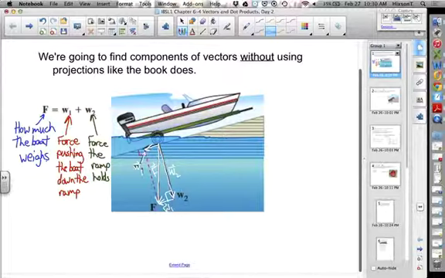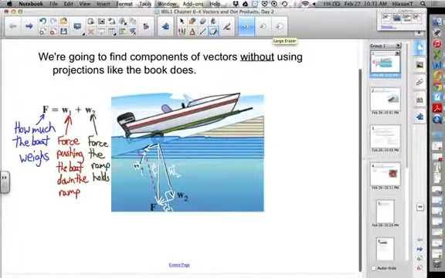Now, there's also an element of this that involves some similar triangles, and let me show you how that works. This is important to understand the angles.